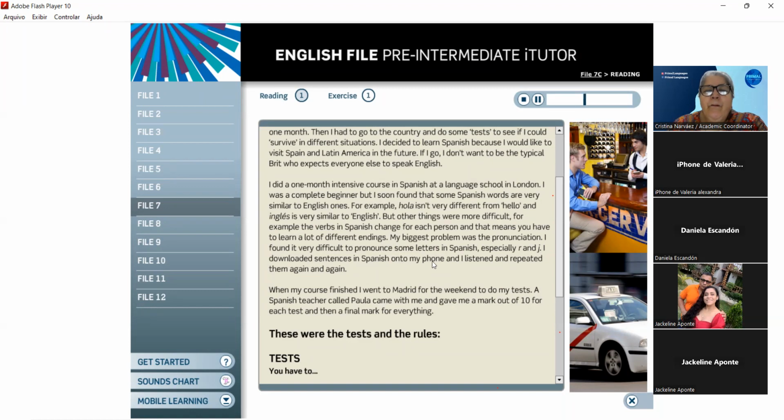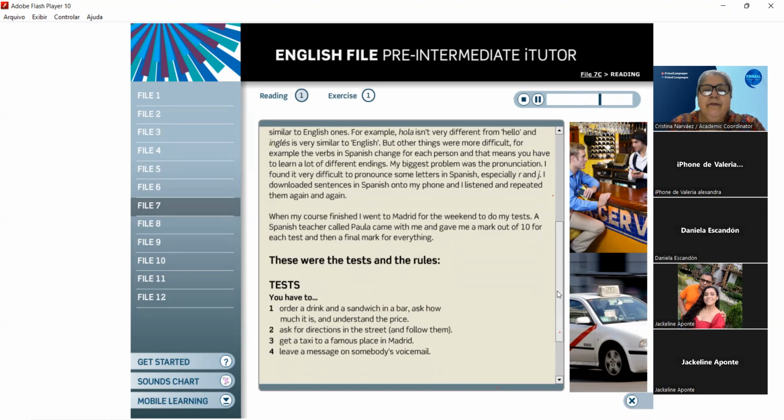For example, the verbs in Spanish change for each person, and that means you have to learn a lot of different endings. My biggest problem was the pronunciation. I found it very difficult to pronounce some letters in Spanish, especially R and J. I downloaded sentences in Spanish onto my phone, and I listened and repeated them again and again.